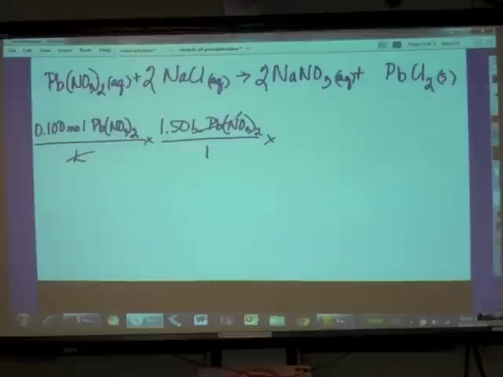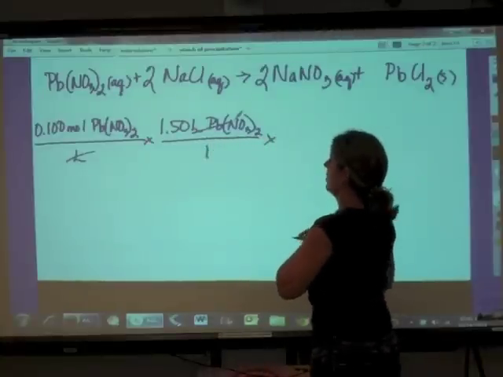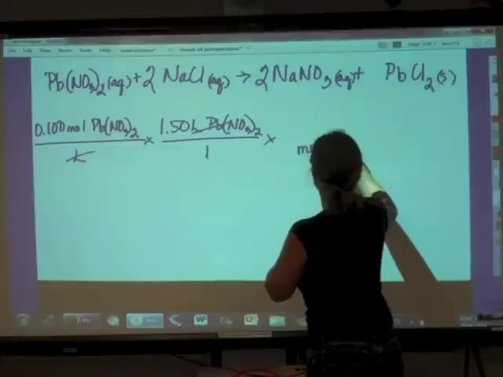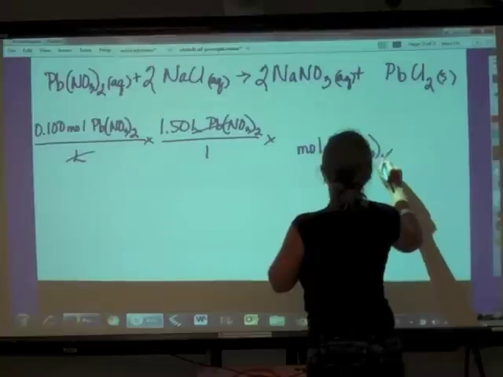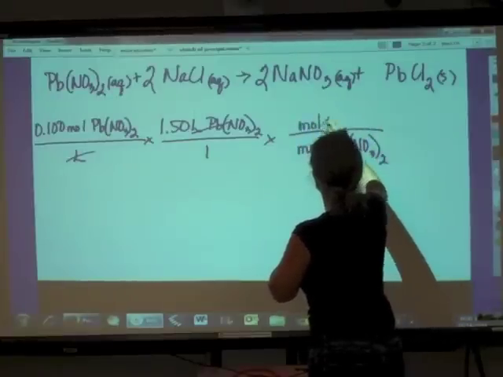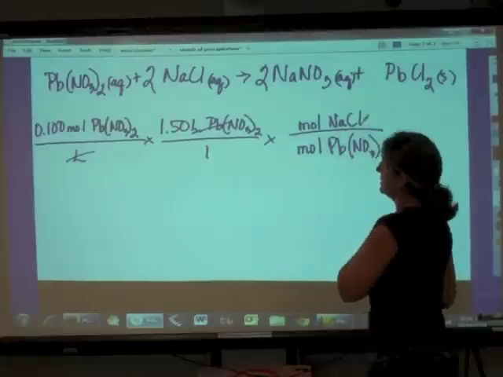So the next thing we're going to do is utilize a mole ratio. So for every mole of lead-2 nitrate, how many moles of NaCl are necessary?